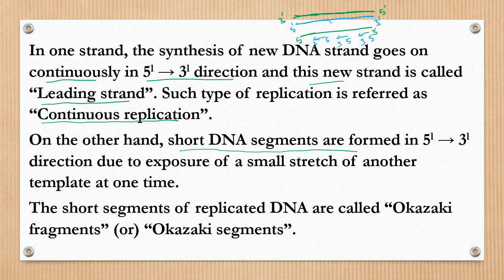Due to exposure of a small stretch of the other template at one time. So at one time the exposure is only a small segment. That's why it forms only small parts.